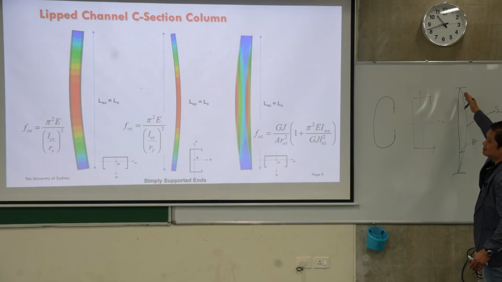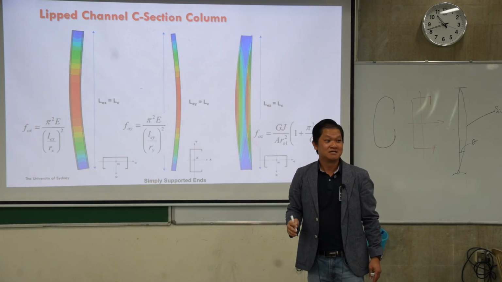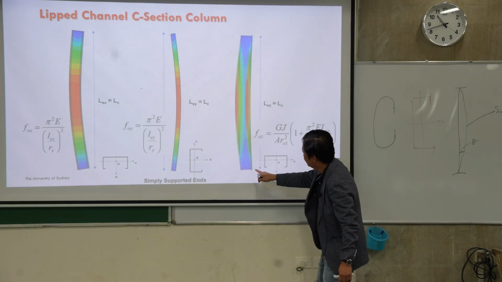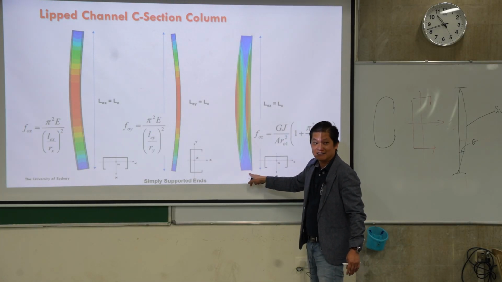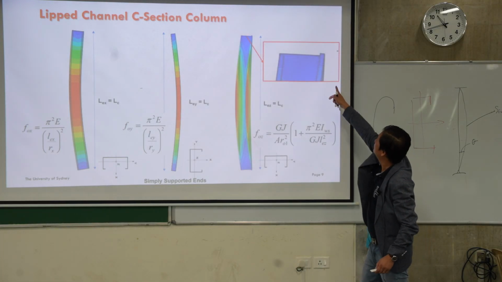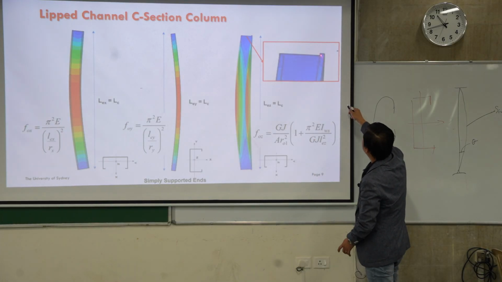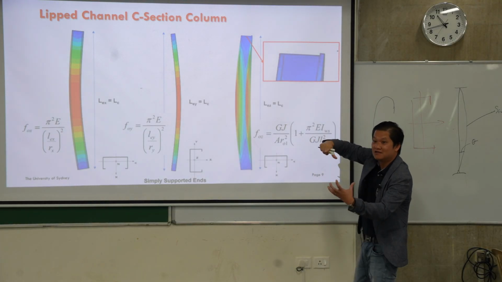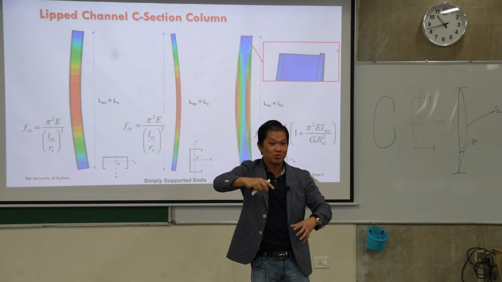So you can see this looks like a simply supported condition. In this case, we assume that there is nothing welded or acting on the end here, so we allow for warping. You see the tip here go up, the tip here going down, so the cross section is actually jumping up and down because of the twisting.